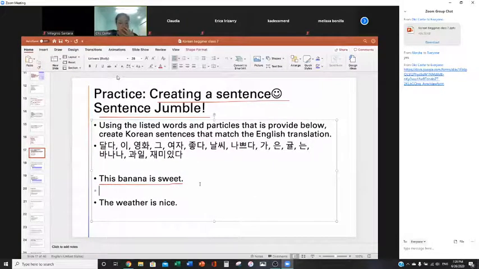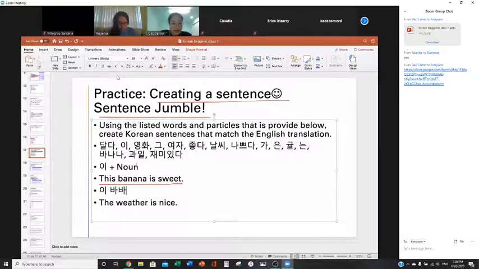Okay, so now we'll go over this. Remember last time we went over E plus noun, which describes something. So right here, this is E. 바나나는, 는 is the particle. 달다 is the dictionary form.